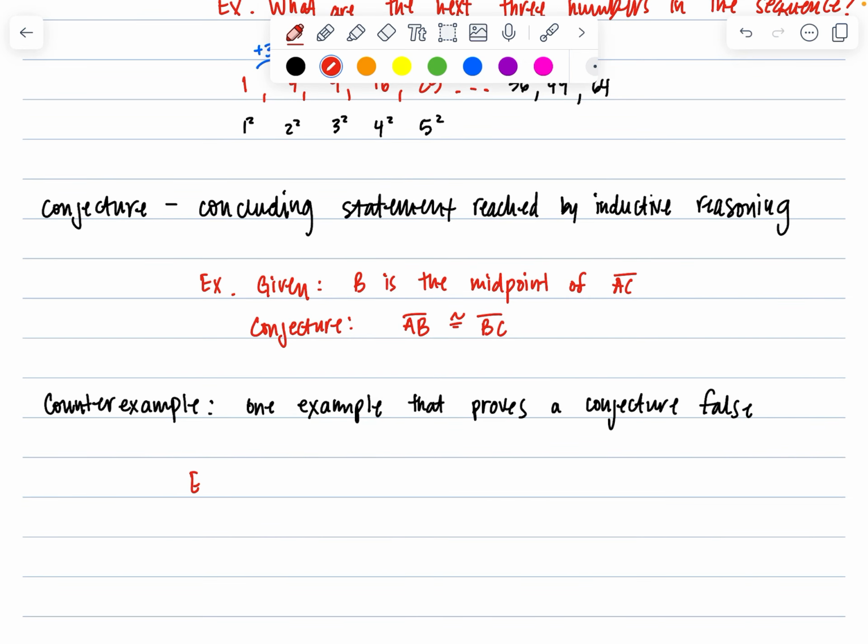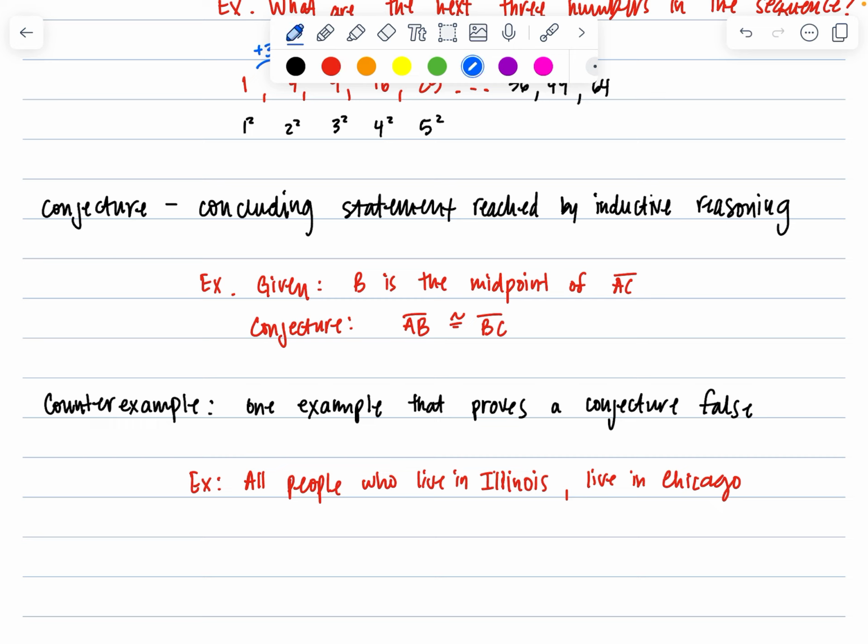Okay, so here we could say, for instance, all people who live in Illinois live in Chicago. And we know that this is false because we could take any suburb of Chicago and say they don't live in Chicago, right?